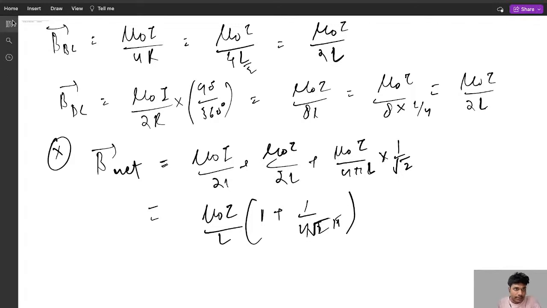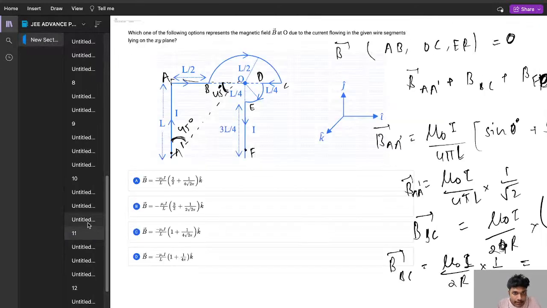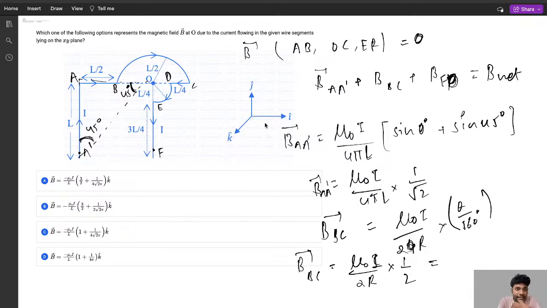Now what is our answer? It is in the negative k direction. Okay, so direction is negative k, so C is our answer, right?